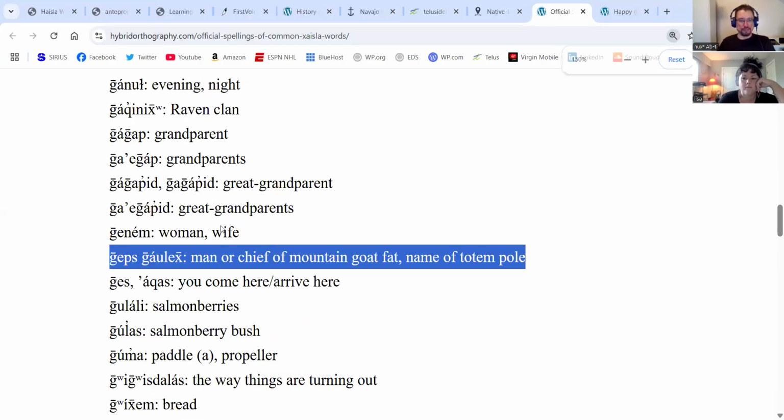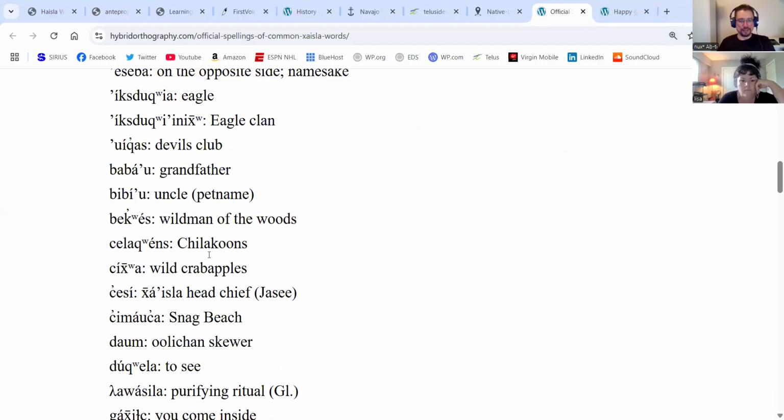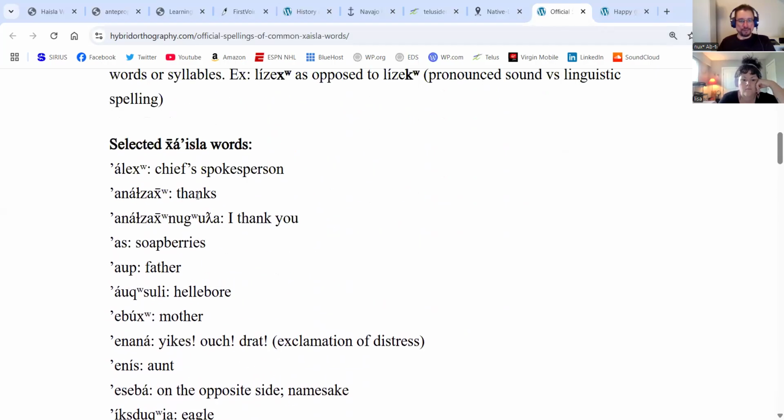So I just tried to think of different words that I hear on a fairly common basis. Like the first one here is aloh. That's when I hear people talk about the feasts that we have in the feast hall. So aloh is the chief's spokesperson.